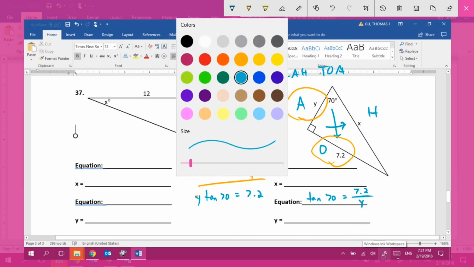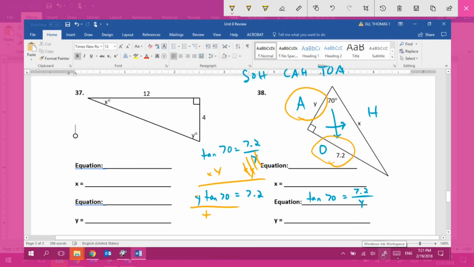Then one more step, divide both sides by tangent of 70, so I can get my y by itself. Bam. And that means y equals 7.2 divided by tangent of 70. So put that in the calculator, and you should get 2.62, which is going to round to 2.6. Boom.